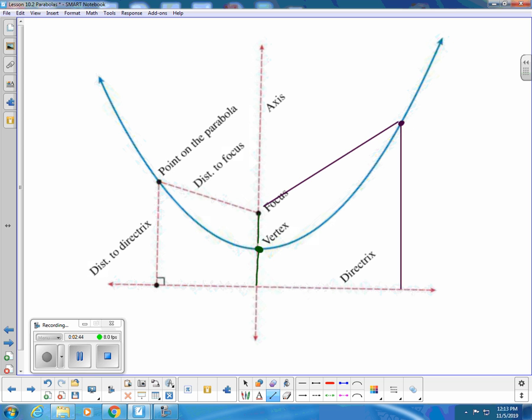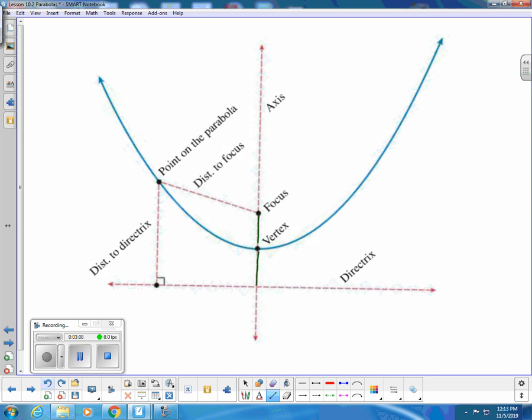Okay? So no matter where you are on the parabola, the distance from the point to the focal point is the same as the distance from the point to the directrix. But it's very, very important to understand that the vertex is the same distance from the focal point and the directrix. Okay?